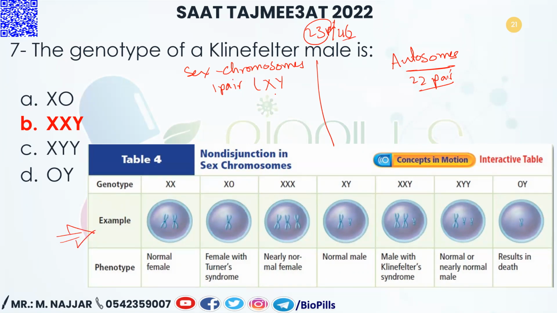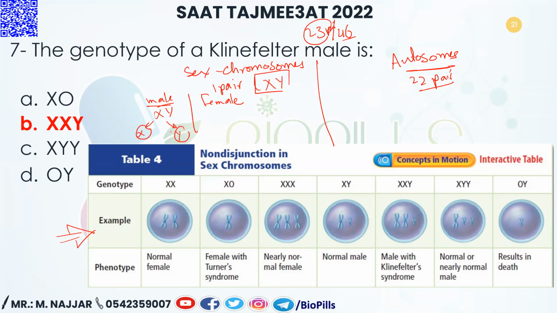What is the meaning of disjunction? For example, in case of a male, the male has X and Y. So one sperm has an X chromosome, and another sperm will have a Y chromosome.